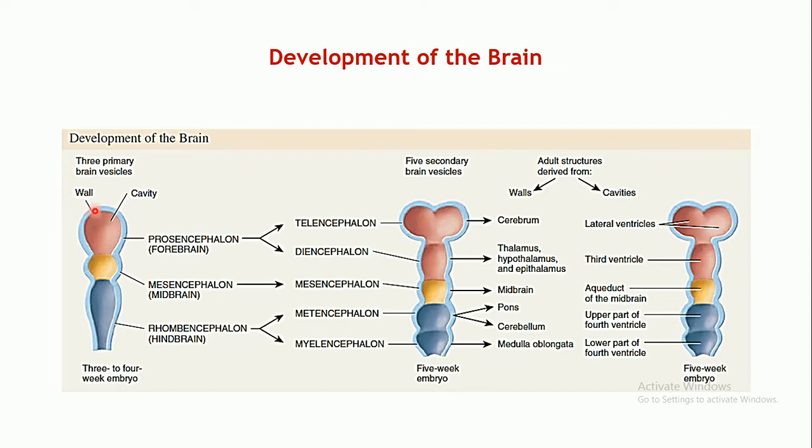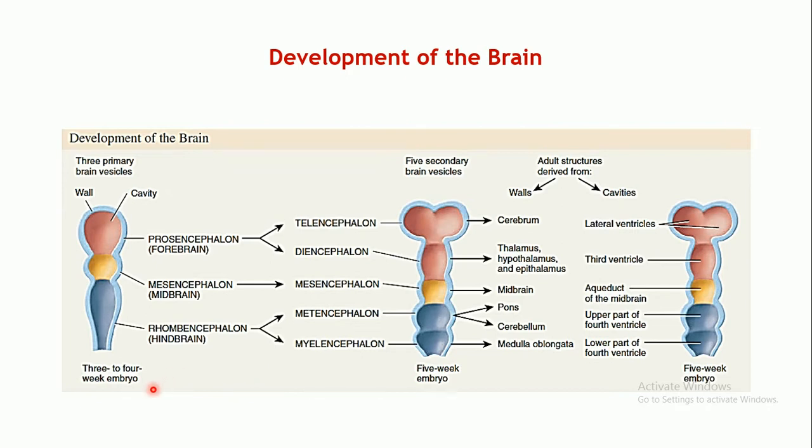These particular parts of the brain in this 3 to 4 week embryo are the prosencephalon, that is the forebrain, which develops into the forebrain. Then the mesencephalon, the middle vesicle, that is the midbrain, and the rhomboencephalon, that is the hindbrain. Encephalon is a term pertaining to the brain.